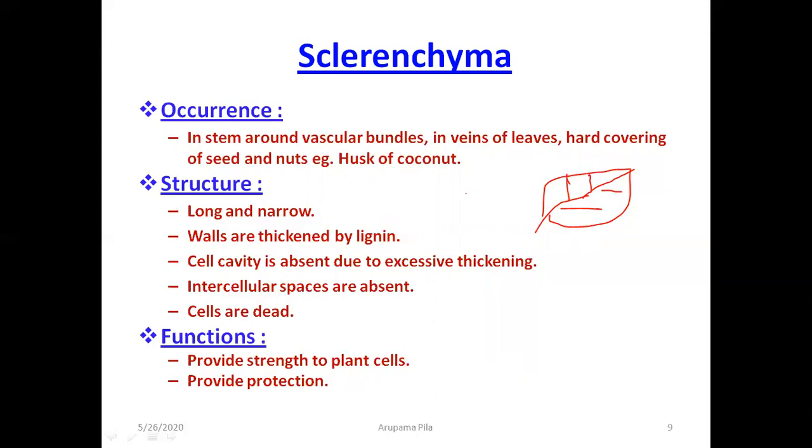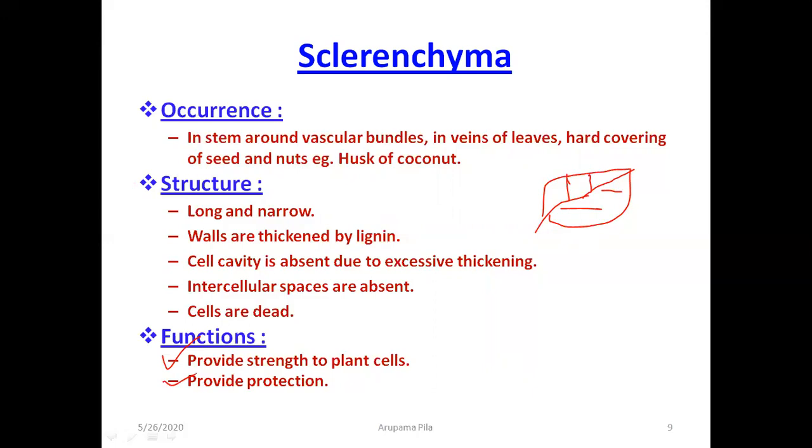Now, what is their function? Their main function is to provide strength to the plant cells. The sclerenchyma cells provide strength. Okay. And they provide protection also.